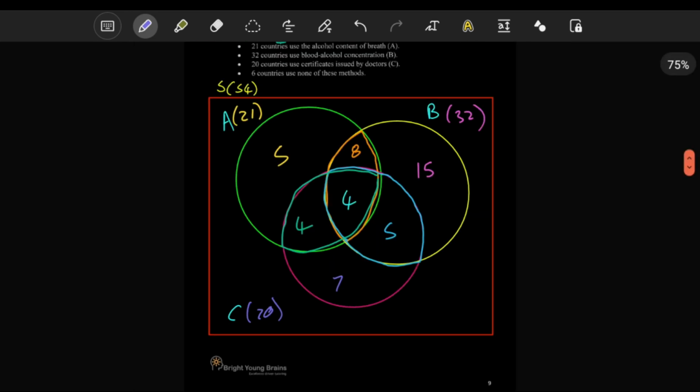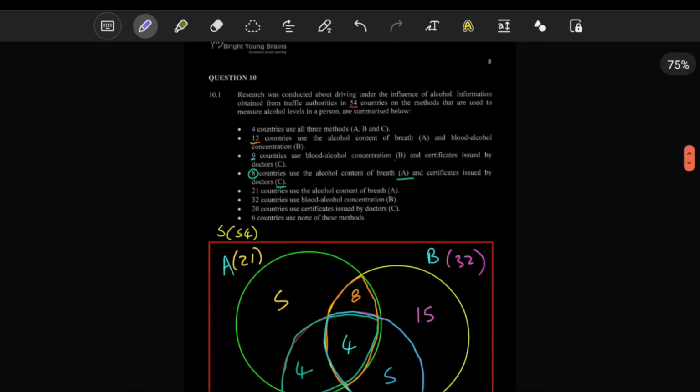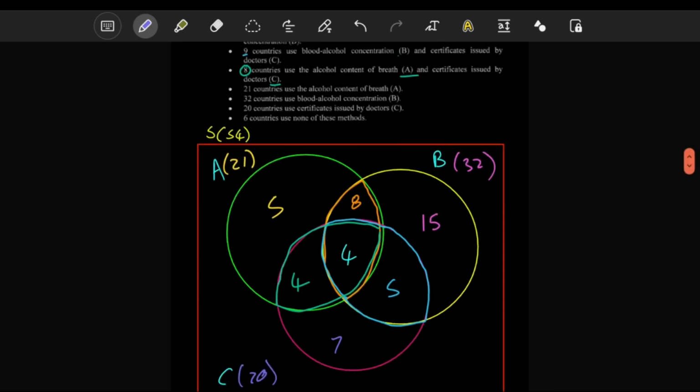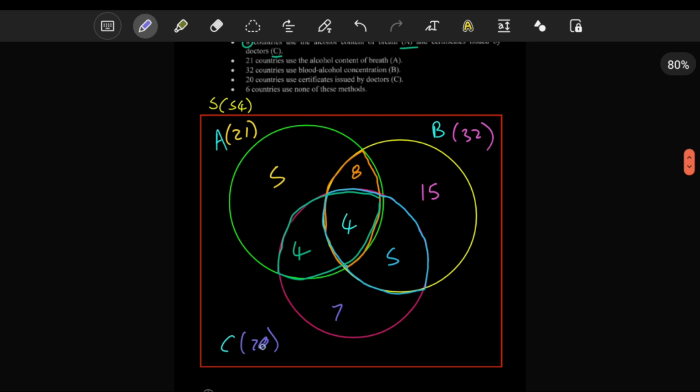Yep. Now the big idea here is all these numbers here plus outside there, everything should add up to 54. You see, meaning here, don't worry about this 20, this 21, and this 32. Those don't count. We're talking about numbers in the Venn diagram, meaning outside these 3 circles there's obviously one number, which is countries that don't use any of these 3 methods.